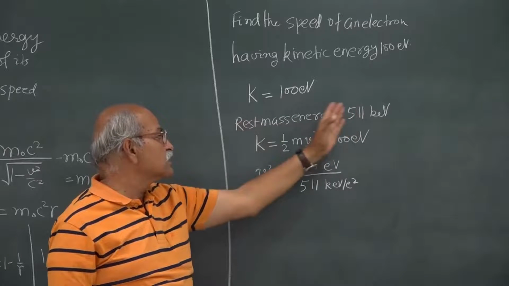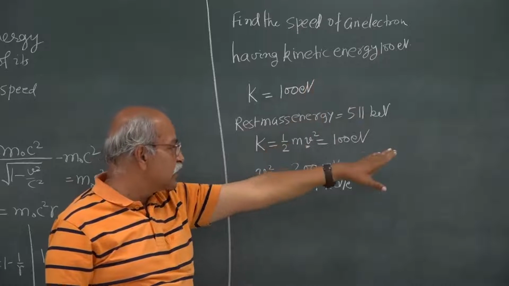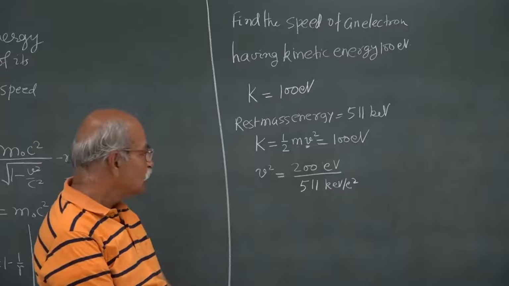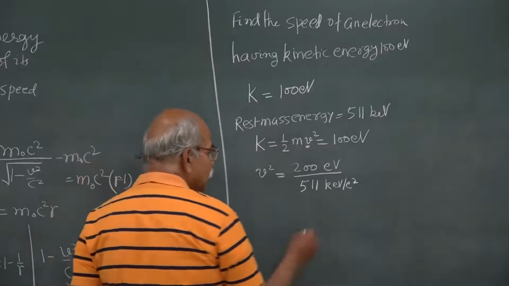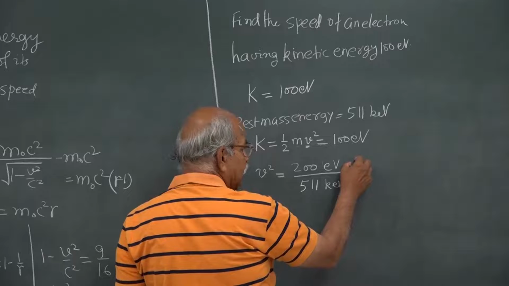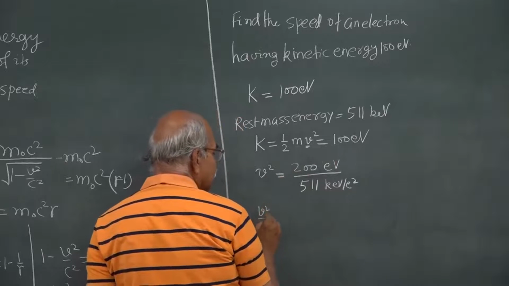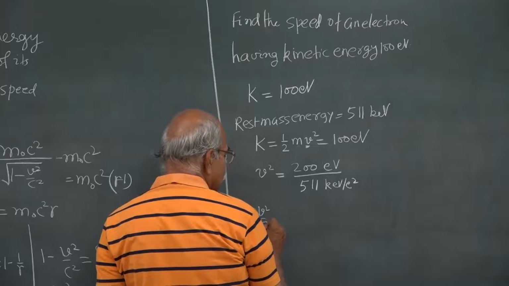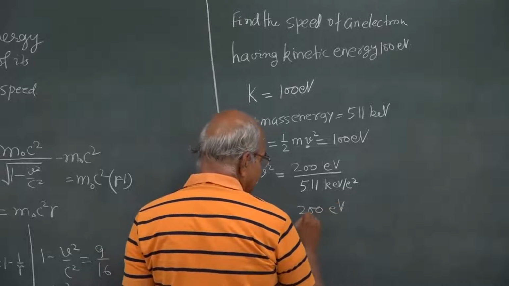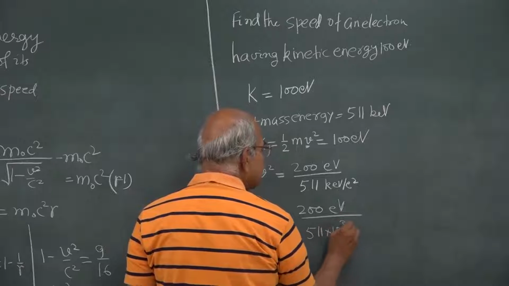So, the rest mass is this 511 keV divided by c square. So, this c square can go here, and it is v square divided by c square, which is equal to 200 eV divided by 511 into 10 power 3 eV.